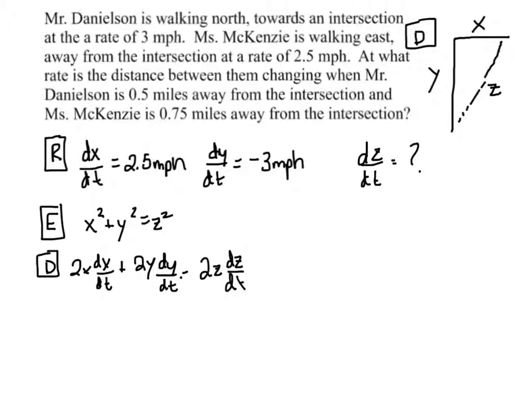And now we're going to substitute and solve. X, we're wondering what, so Miss McKenzie was 0.75 away, so her rate was 2.5. 0.5.